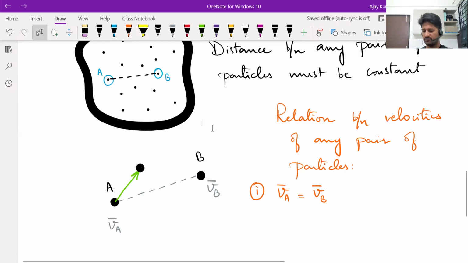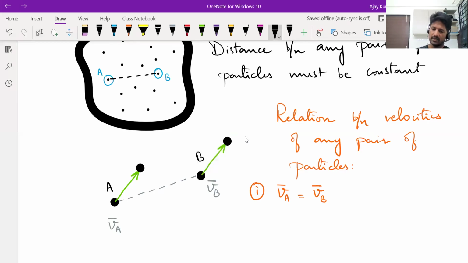Now, if B has the same velocity as A, then B will also undergo the same displacement in the same amount of time. And B will reach this position. And the distance between A and B will still be the same. If this was some x, this will also be x. So if their velocities are equal, yes, definitely the distance between the particles won't change.